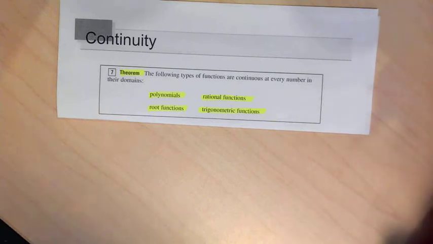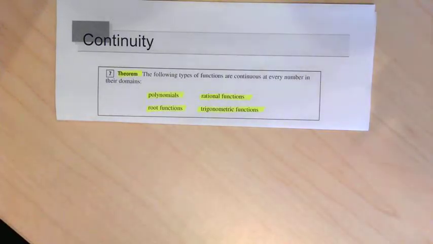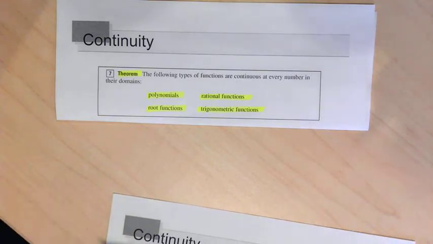Theorem 7 gives us 4 types of functions that are continuous everywhere in their domain. So this will come in handy when you're doing the homework and you're asked to show that functions are continuous and why. If you're given an example that's a polynomial, the why is it continuous?